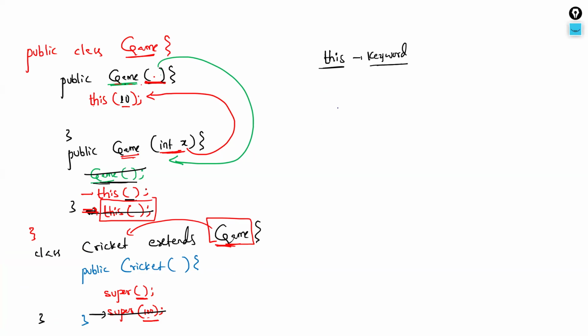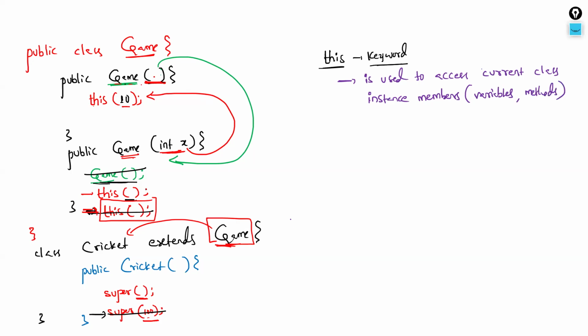This keyword is used to access current class instance members. What are the members? Variables and also methods. Variables or methods.